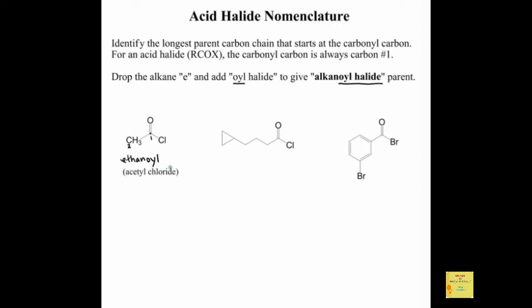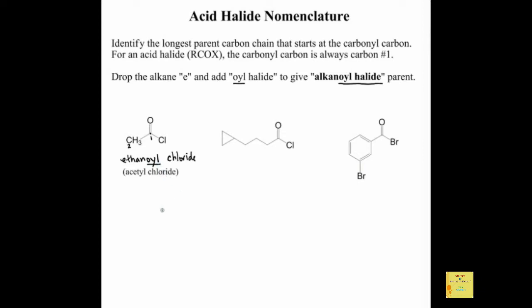And we make a space, this is another 2-word name, and we list whatever halogen happens to be here. It's most often chlorides that we deal with. You'll see that 9 times out of 10, but it is possible to have other halides as well. So this is called ethanoyl chloride. Again, pay very close attention to these details. If you drop the O, that name doesn't exist. If you drop the Y, then you're talking about an alcohol, and you've made a mistake. So be very careful, O, Y, L, as our ending for an acid chloride.